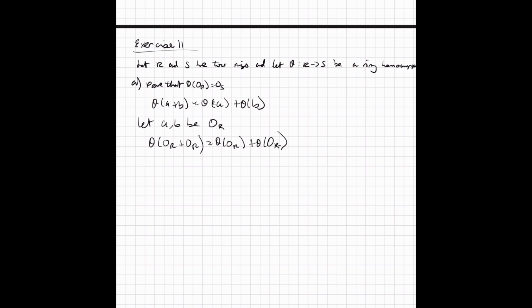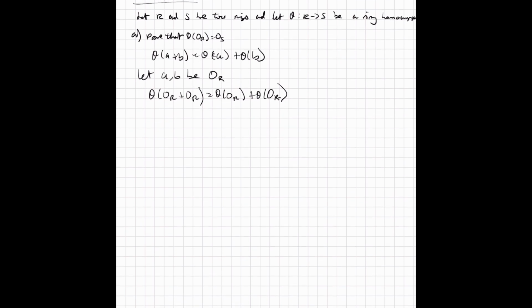Okay, so I'm going to first simplify the left-hand side, because anything plus the additive 0R is going to be itself, as 0R is the identity element. So that will just become theta 0R equals theta 0R plus theta 0R.